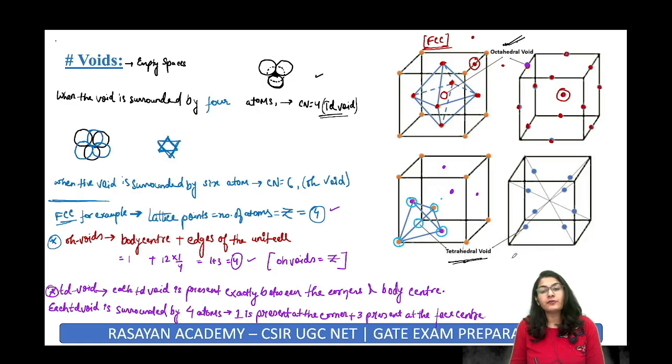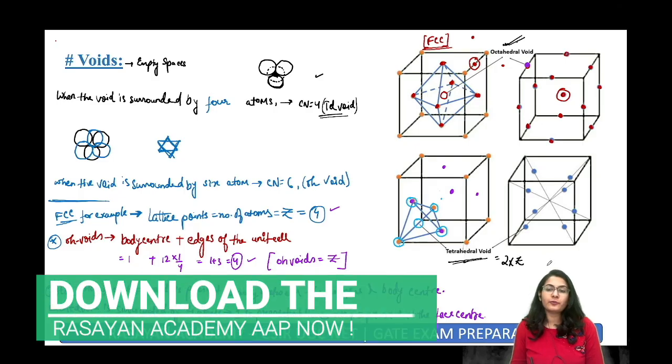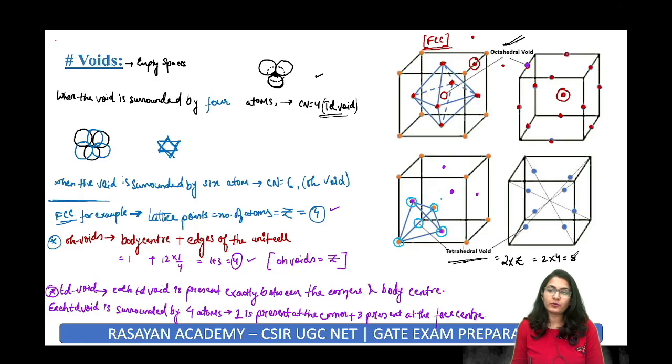So these voids, actually the tetrahedral voids, are twice the times of any lattice point. क्योंकि यहाँ पे 8 हो गया, 2 into 4 for FCC gives you 8. So octahedral void is going to be equal to the lattice point, but tetrahedral void is going to be twice that of the lattice points. ठीक है? For FCC the lattice point is 4, so that's why tetrahedral voids are 8.